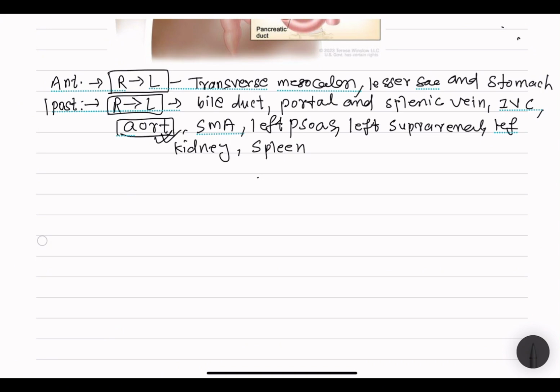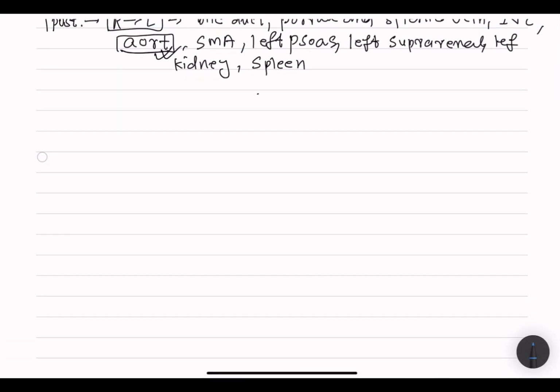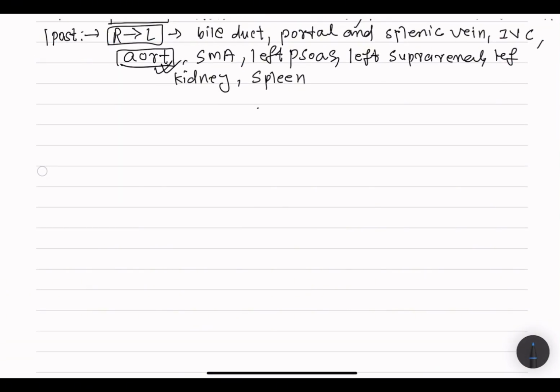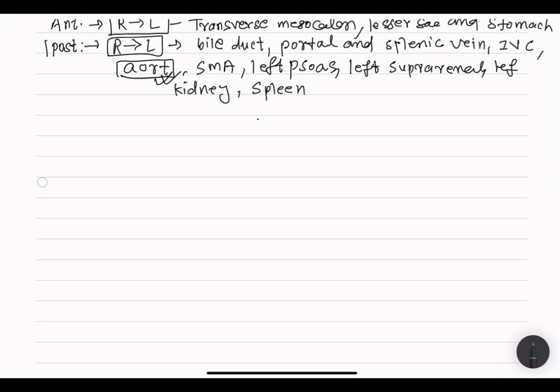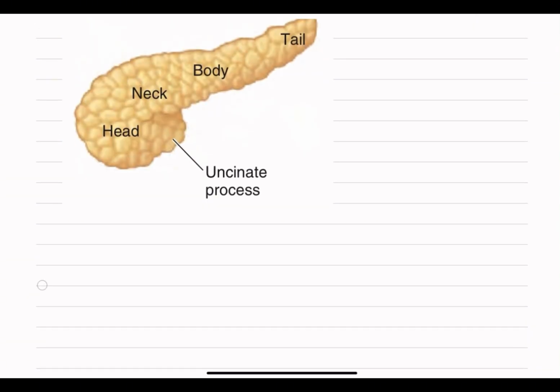And next we have to also discuss the parts of pancreas in a little bit of detail. So let's know something about the parts of this pancreas.